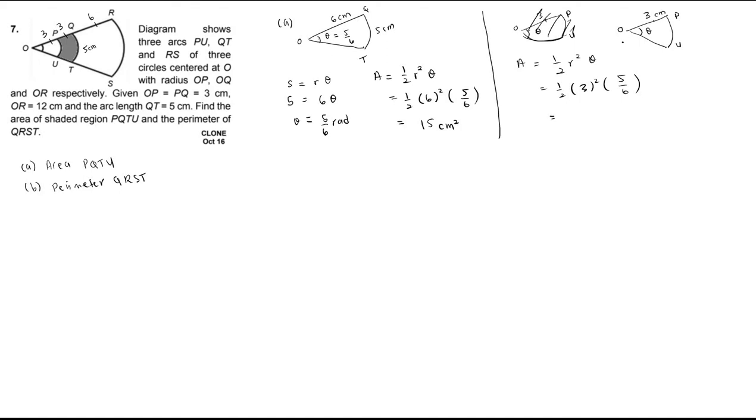So the area of this smaller sector is 15 over 4, or in decimal 3.75 cm square.